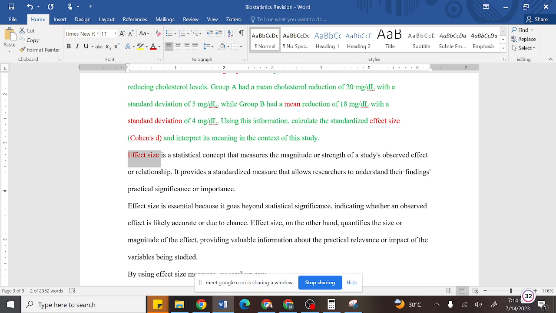Okay? It is a statistical concept that measures the magnitude or strength of a study's observed effect or relationship, which I have said in this case is, if you give me a drug, is the drug reducing my body temperature to a level that has significance that can be applied, or has the body temperature reduced because of other issues?